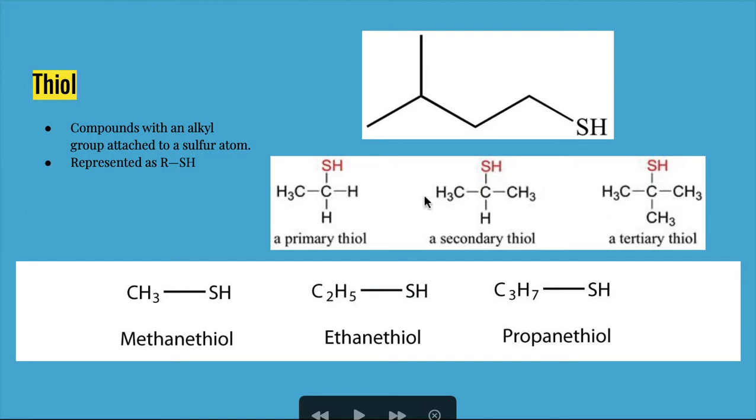Again, I know here there's methyl groups as the R groups, but remember that the R groups can be other stuff, like you can have a long chain or whatever. So yeah, that's that. And then here's some examples of thiols.